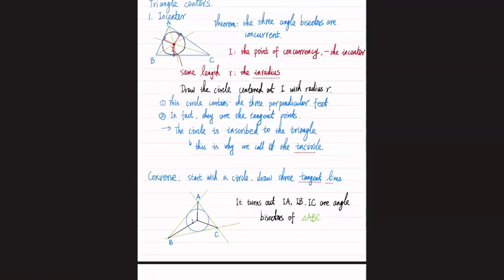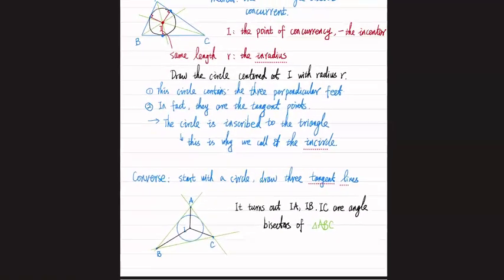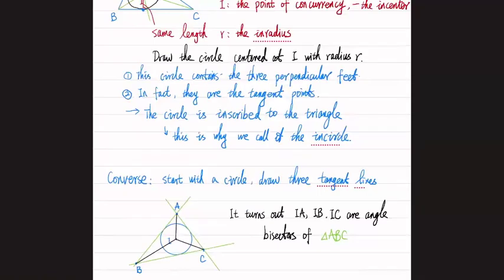Now the other direction is that we start with a circle. We draw three tangent lines. The tangent lines intersect at three points, so we have a triangle ABC.